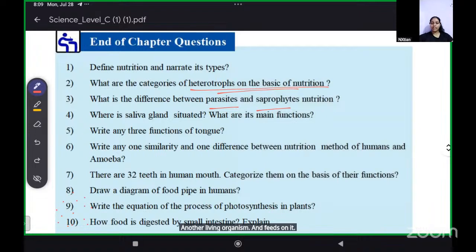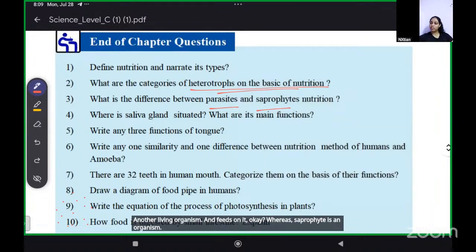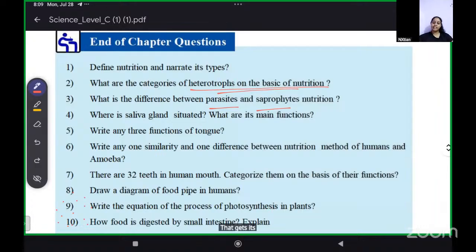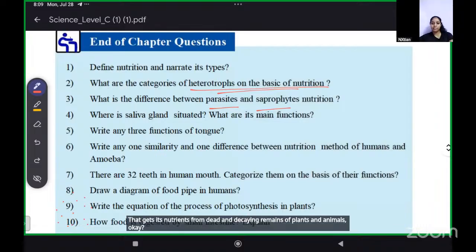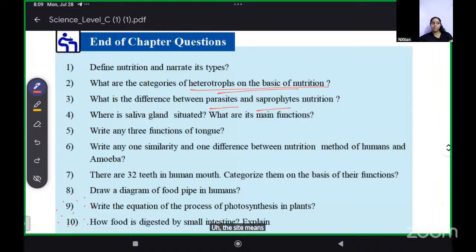Whereas a saprophyte is an organism that gets its nutrients from dead and decaying remains of plants and animals. Parasite means it obtains nutrients from living organisms by living inside or outside their body, whereas saprophytes get nutrients from dead plants and animals. This is the difference.